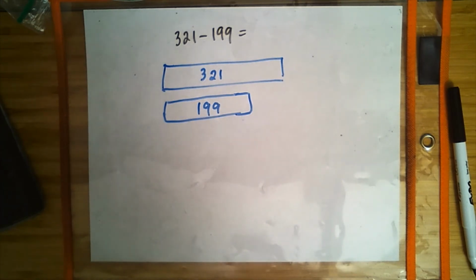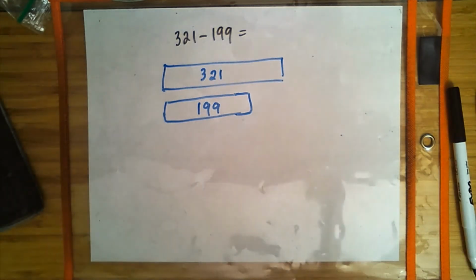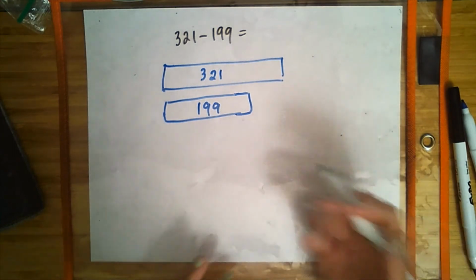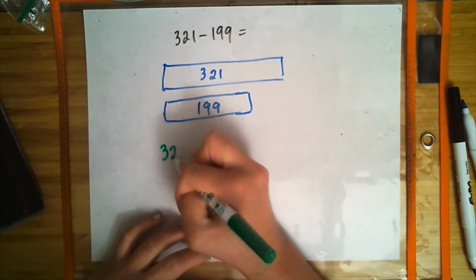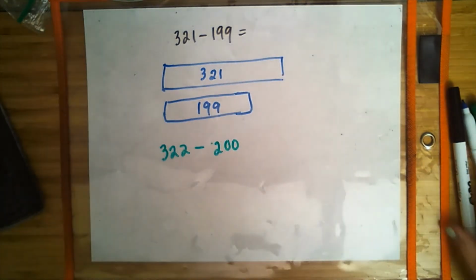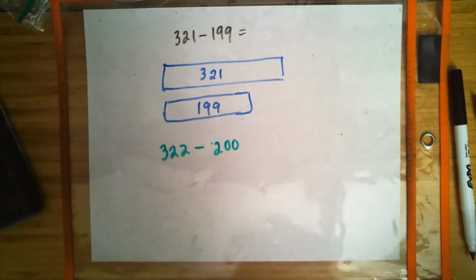What is our new problem? If we are using the next 100, yes, that's correct. It would be 322 minus 200. In order to do that, we had to compensate.